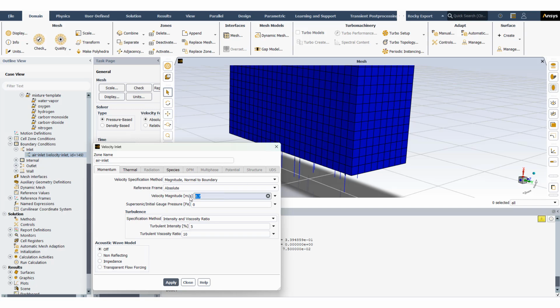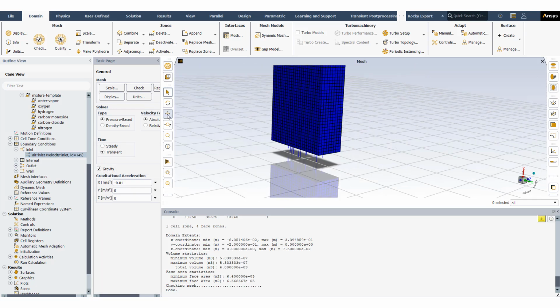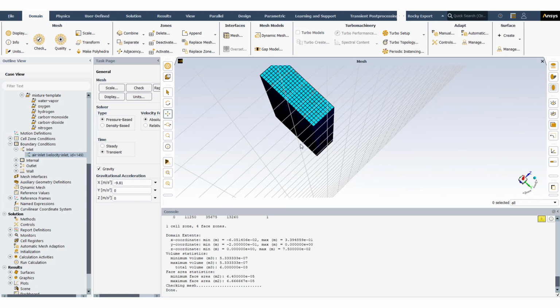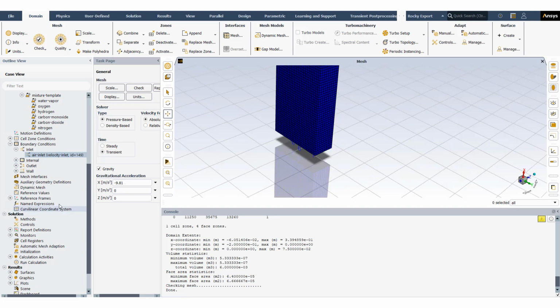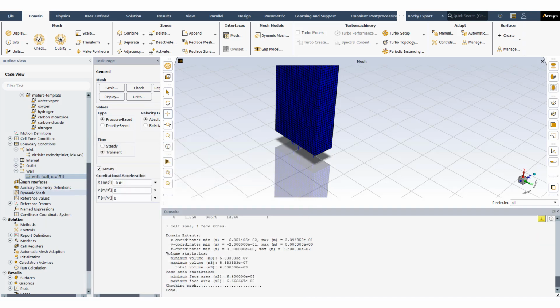A very high velocity would induce a lot of fluidization, and because your particles are relatively light, they can be carried all the way to the top, depending on if you use a very high value. For walls I'm using adiabatic with non-slip boundary conditions, and the outlet is just a pressure outlet.